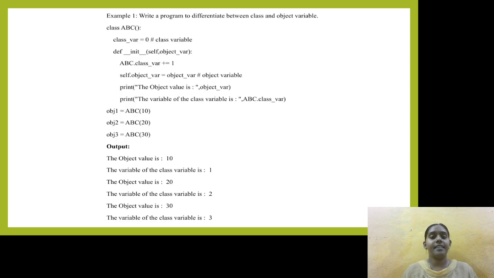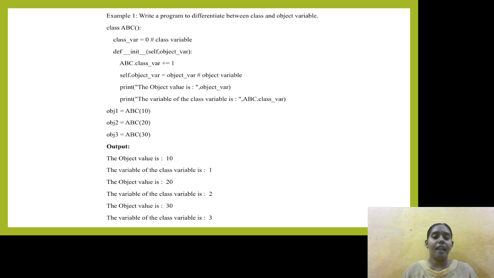And here is the example program to differentiate between a class variable and an object variable. Here we are defining class ABC, and the class variable class_var is equal to 0, and we are defining the __init__ method.